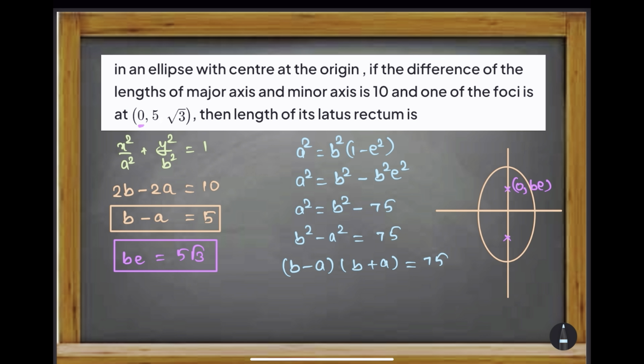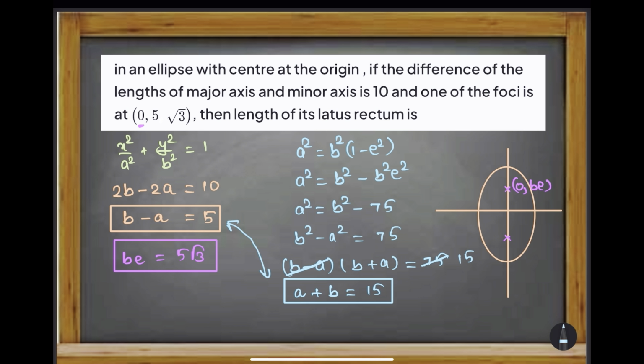Tell me. And you know that b minus a is 5, so it will become 15. So we got a plus b as 15. So we got another equation. Okay, we have these two equations.